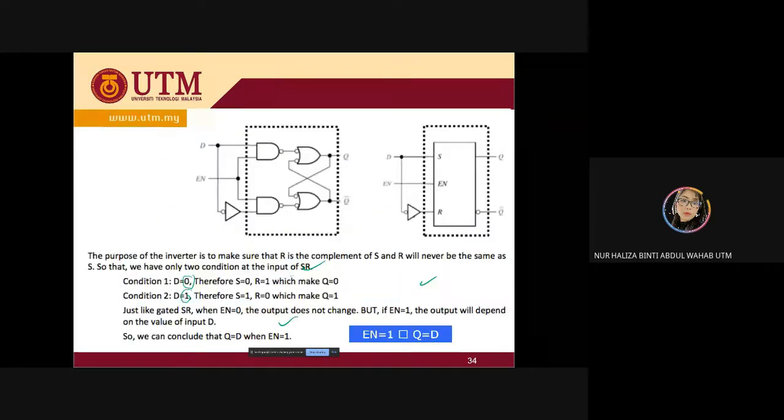You can try to derive by yourself, put the value of 0 here for D. Of course, your EN should be 1 to turn on. Now your Q needs to have the previous output. Let's say you play around with 0 first. So let's check what is the output for Q and Q bar. And of course, you're going to have similar things.